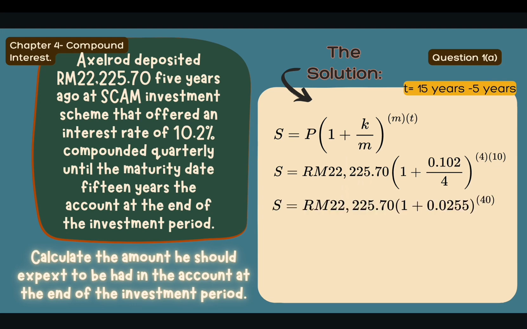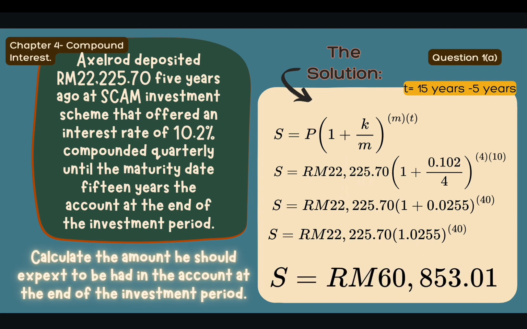Then we need to simplify until we get the equation of 22,225 ringgit 70 cents times 1.0255 with the power of 40. Then we can get our compound amount, which is 60,853 ringgit and 1 cent.